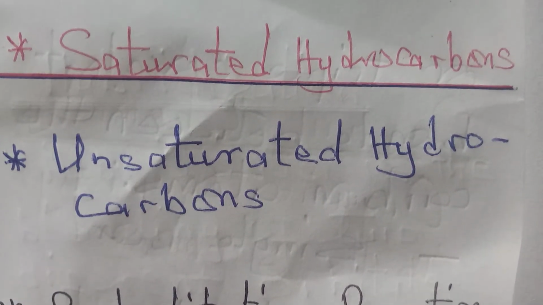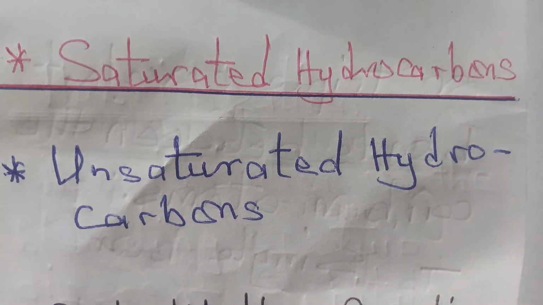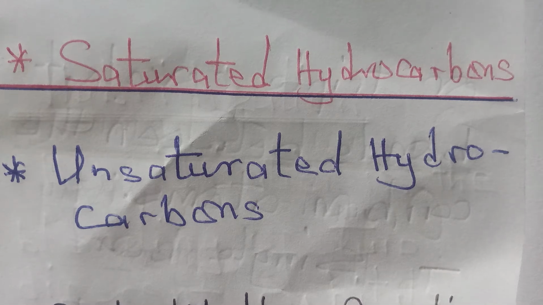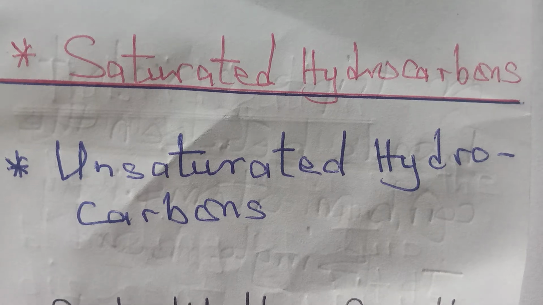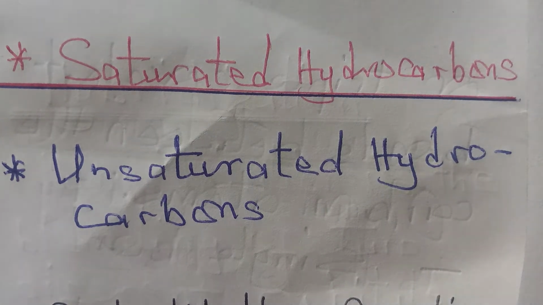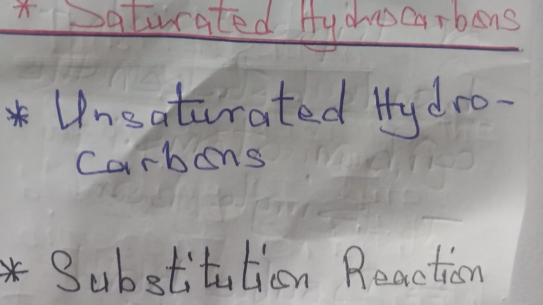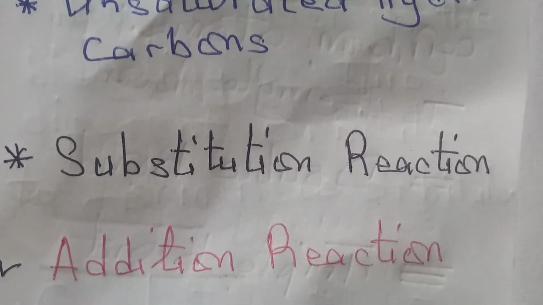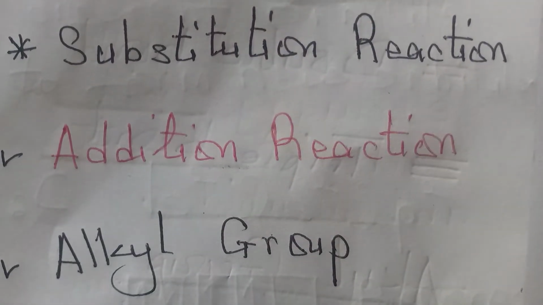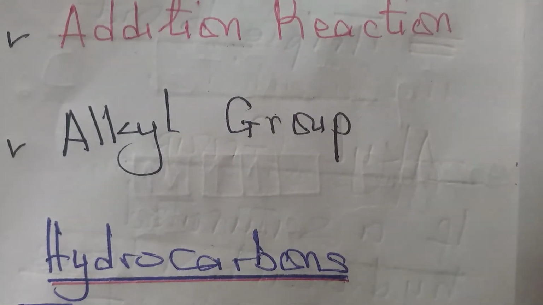First, what do we mean by saturated hydrocarbon? When we say a hydrocarbon is saturated, what exactly do we mean? Well, a saturated hydrocarbon is a hydrocarbon that has single bonds separating the carbon atoms. We will see substitution reaction, addition reaction, and alkyl group subsequently.